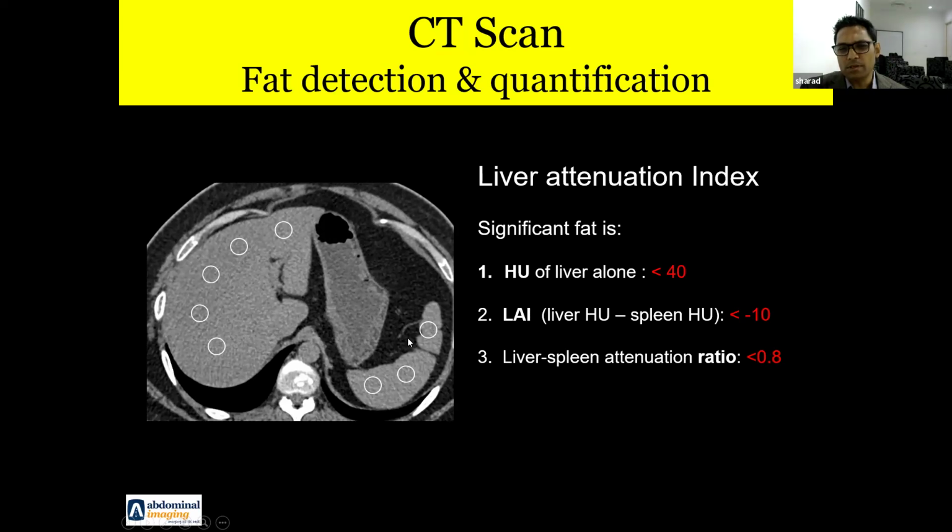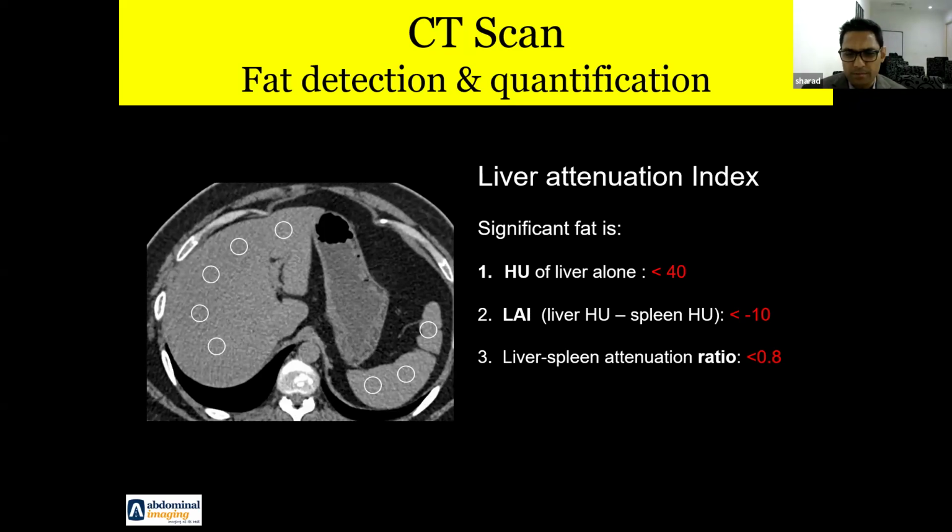Now, suppose the liver is 50 and the spleen is 55, then liver minus spleen, the liver attenuation index becomes -5. If the liver is 40 and the spleen is 55, the liver attenuation index is -15. So anything more than -10 is a significant fat.